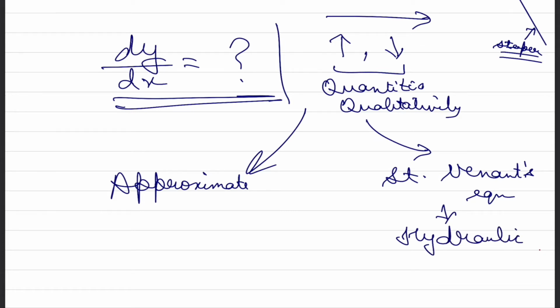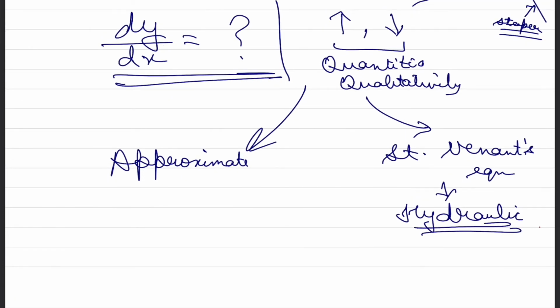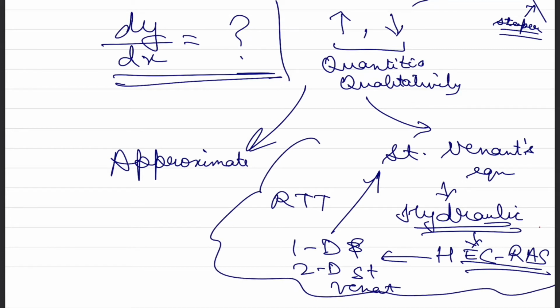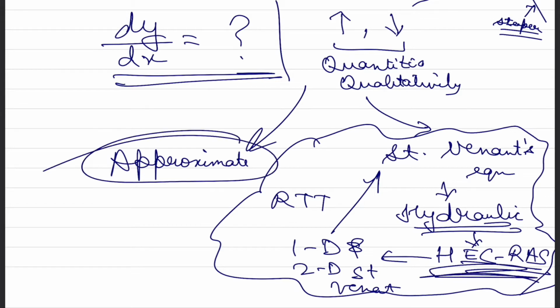In our lab sessions, we will talk about certain software used for such modeling, which includes HEC-RAS, and it solves the 1D and 2D Saint-Venant equations. These equations are also based on Reynolds transport theorem. We will go into the details of the Saint-Venant equations whenever we deal with HEC-RAS, but in this module, we are going to discuss approximate solutions to this problem.